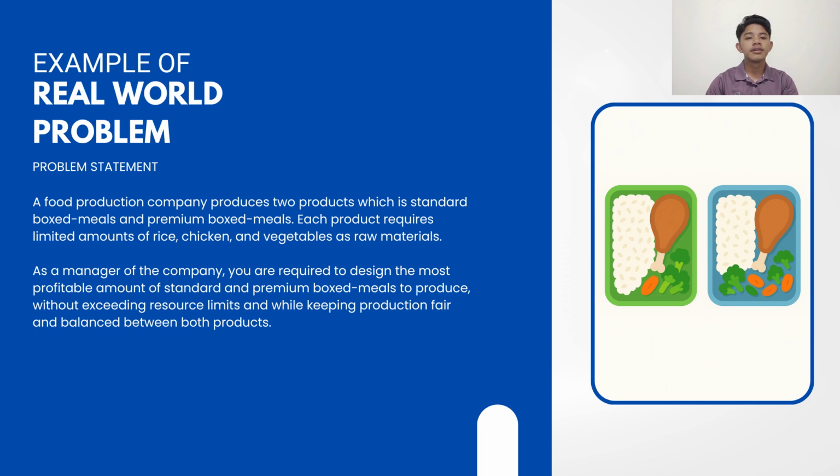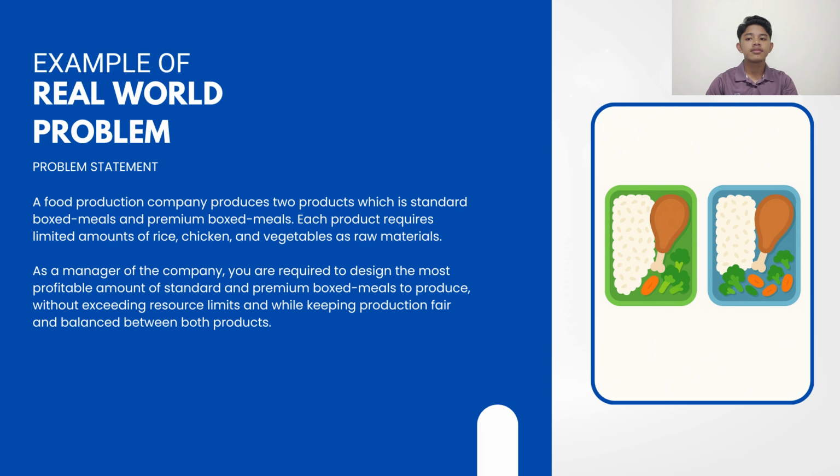The company's goal is to find the best production plan that maximizes total profit while also staying within the available resources. At the same time, the company wants to keep the production balanced, which means there is no extreme difference between the production of standard box meals and premium box meals.